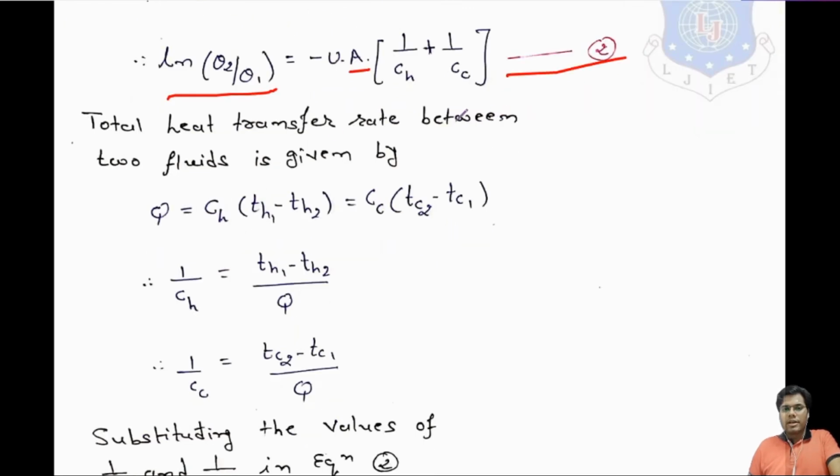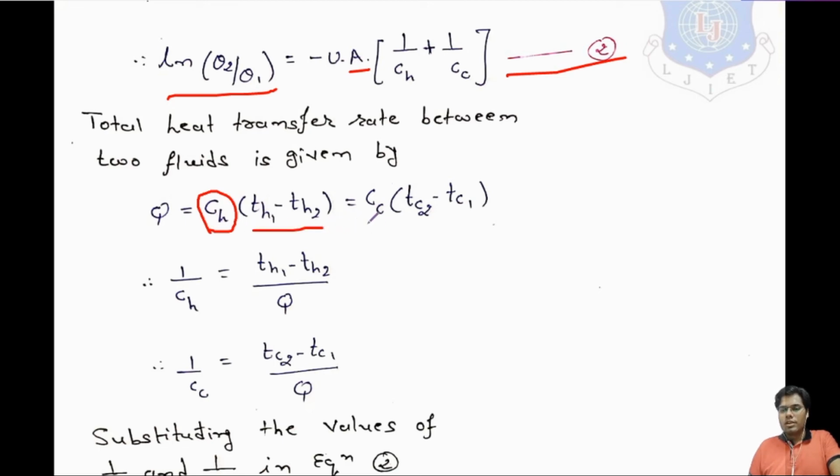Now the heat transfer rate between two fluids. We know that whenever there is a heat transfer, there is a change in internal energy, which can be found out by m Cp dT. So m into Cp, mass flow rate into specific heat, the combined product is a heat capacity. So for the hot fluid, it is heat capacity Ch into temperature difference, which is Th1 minus Th2.